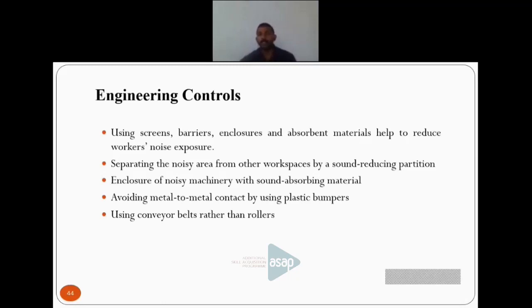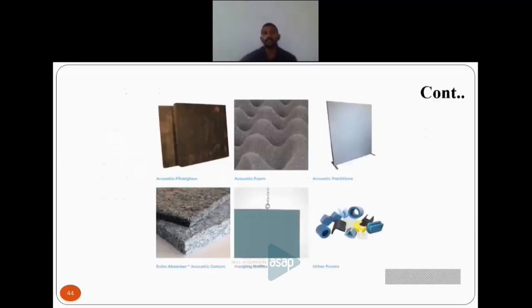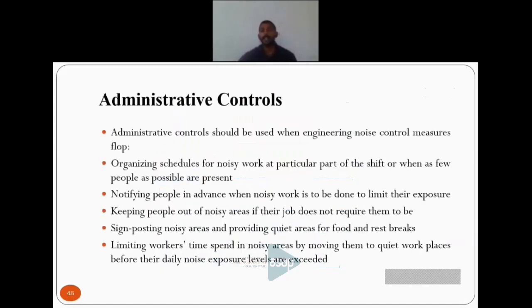Next, using conveyor belts rather than rollers. This is another engineering way; we have to design in such a way that it works effectively. These are the engineering control measures. We can also use acoustic fiberglass, acoustic foam, or an acoustic partition, just making a partition so that we can reduce the noise.